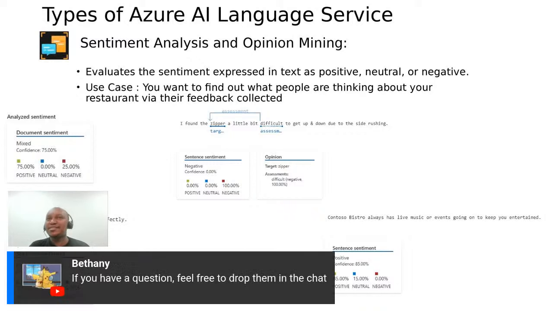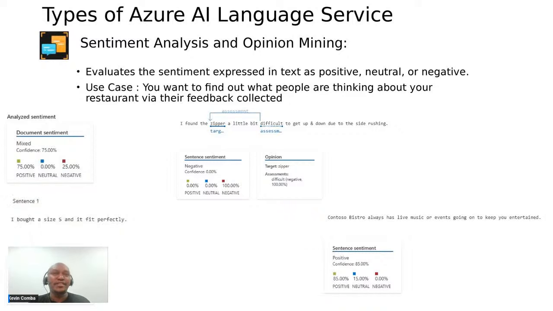So the assessment is "difficult", which the AI will be able to detect, targeted to the zipper. The AI will see that difficulty is not something good, it might be negative. So it will give a negative confidence and also a percentage. For example, here it will give a negative of 100%. That is the value it is going to quote.